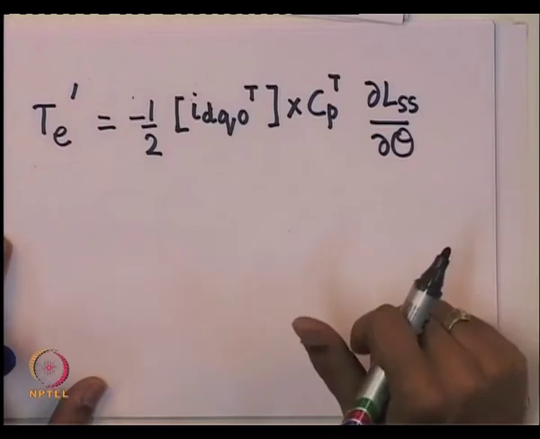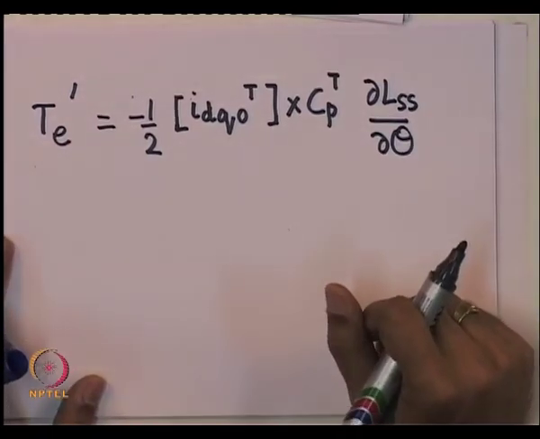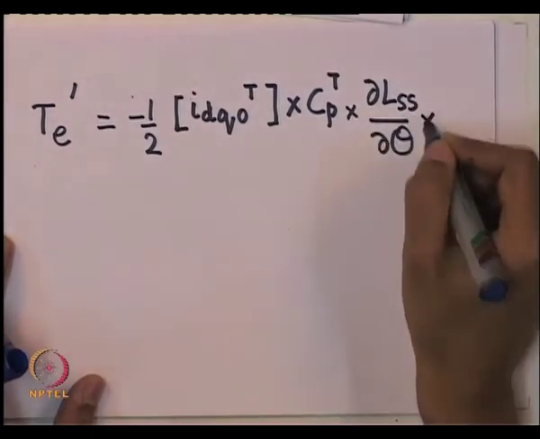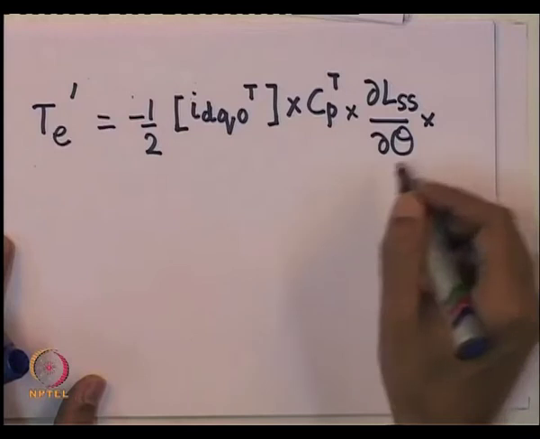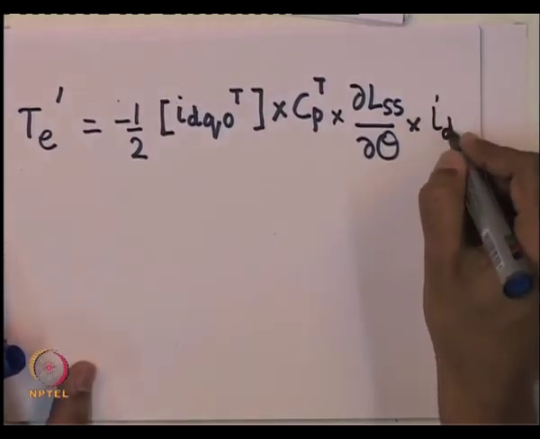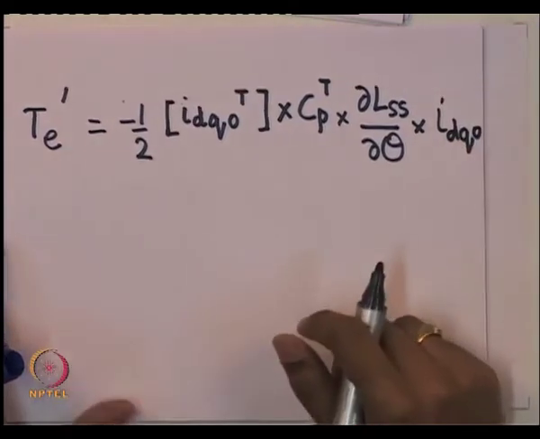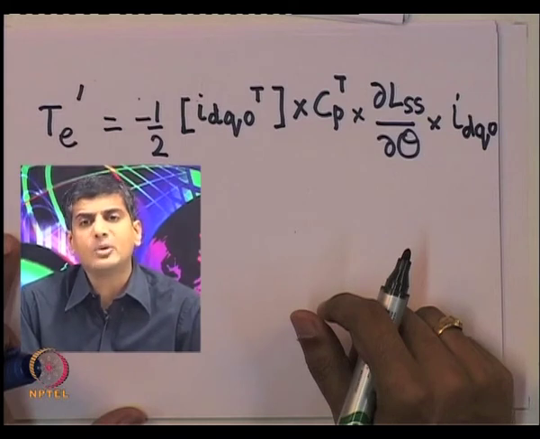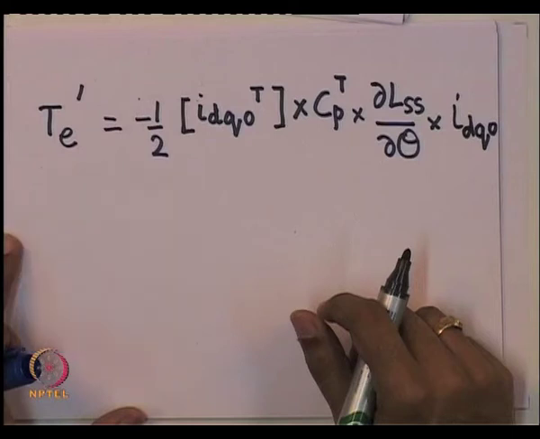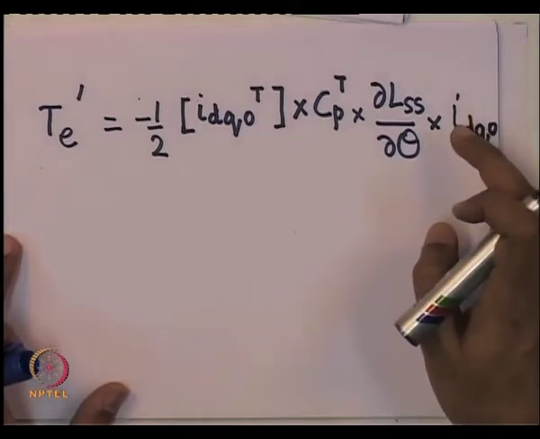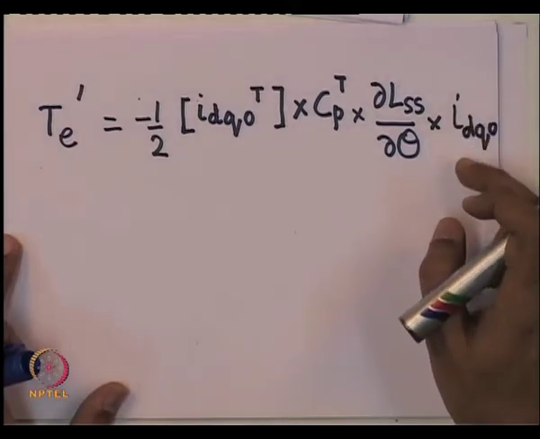LSS, remember, is the submatrix of the original L matrix into, okay, there isn't much space here. So, I will just write it here, I guess, I dq0. Here is Cp into I dq0. Inadvertently, we have just written I dq0. Remember, I dq0 is a column: Id, Iq and I0.